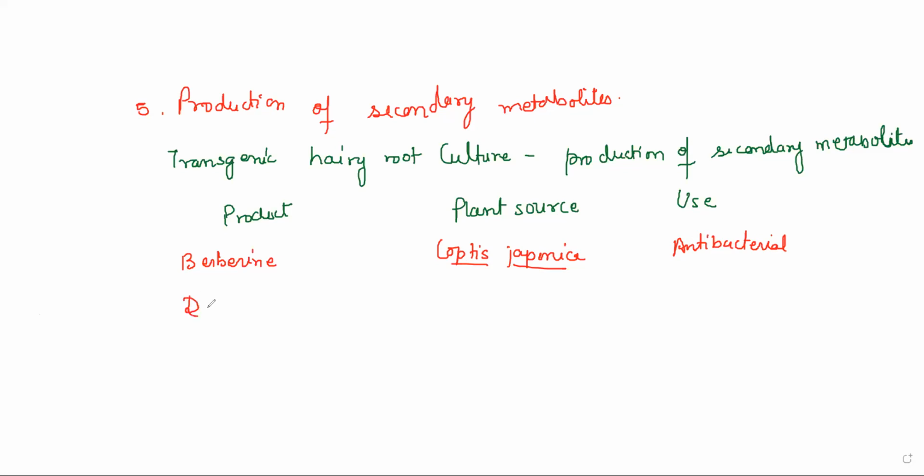Another example is digoxin. The plant source is Digitalis lanata, and the use is as a cardiac medicine. There are other examples also which are mentioned.